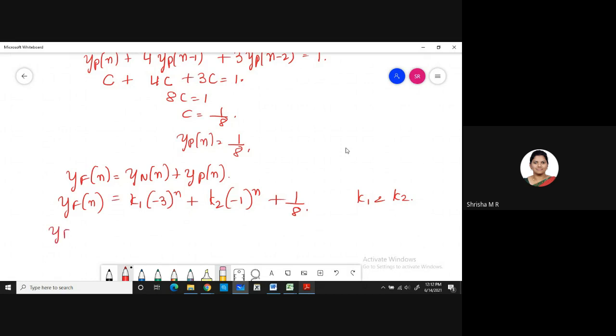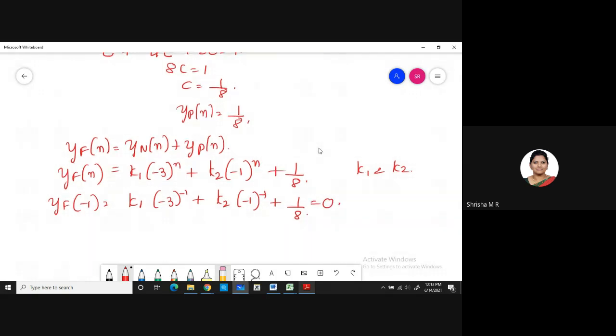So yf of minus 1 would be when you substitute n is equal to minus 1 in this equation. So you have k1 into minus 3 to the power of minus 1 plus k2 into minus 1 to the power of minus 1 plus 1 by 8, which is equated to 0. Then you take yf of minus 2.